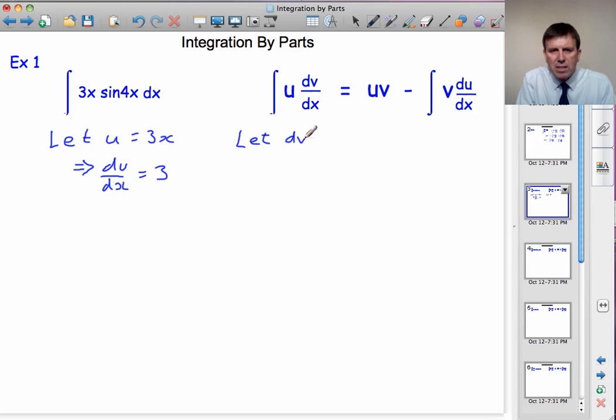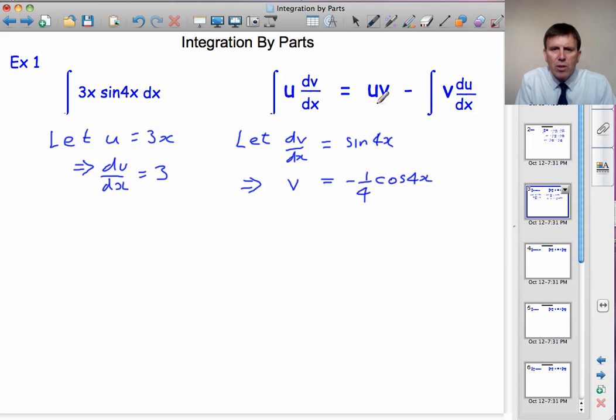From there I can find out what v would be. V would be the integral of that. Now the integral of sine x is minus cos x. The integral of sine 4x is minus 1/4 cos 4x. So we have to divide by the number in front of the x when we integrate.